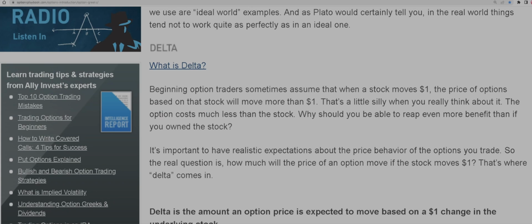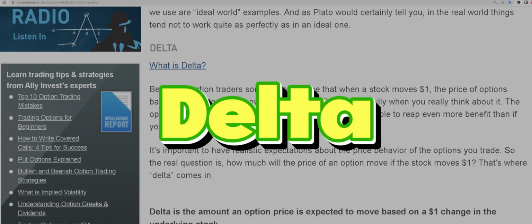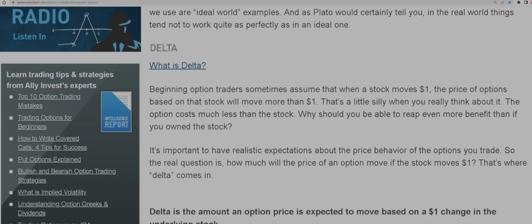So let's talk about delta. Beginning option traders sometimes assume that when the stock moves $1, the price of the option based on that stock will move more than $1. That's a little bit silly when you really think about it. The option costs much less than the stock.